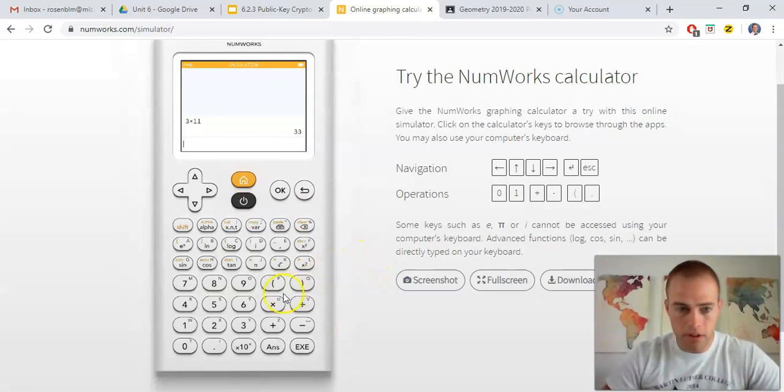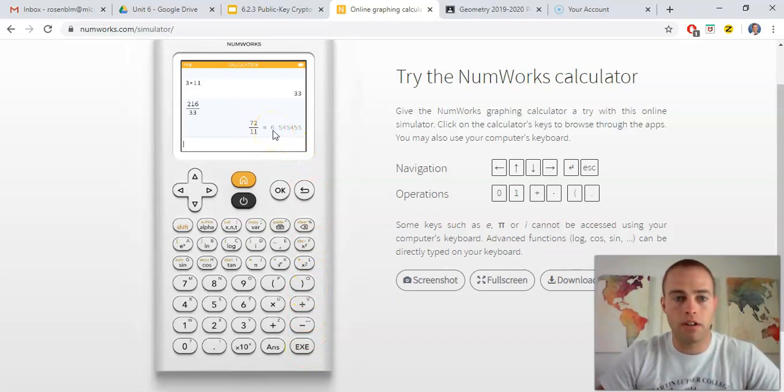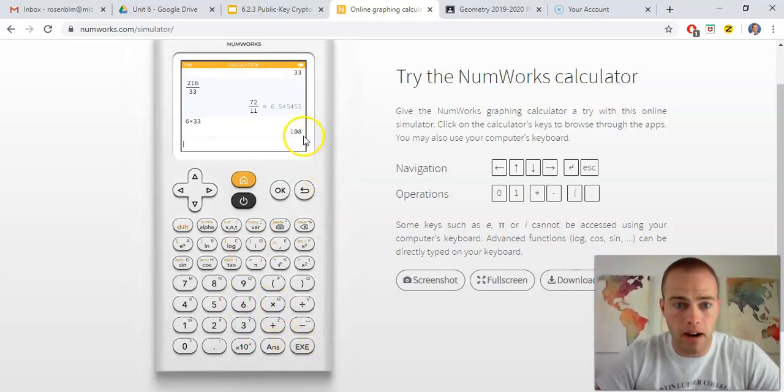Our first number is 216. We want to take 216 divided by the mod that we're in, 33. 33 goes into 216 6 full times, with a remainder of something. So I take 6 times 33, which is 198, and compare it to 216.